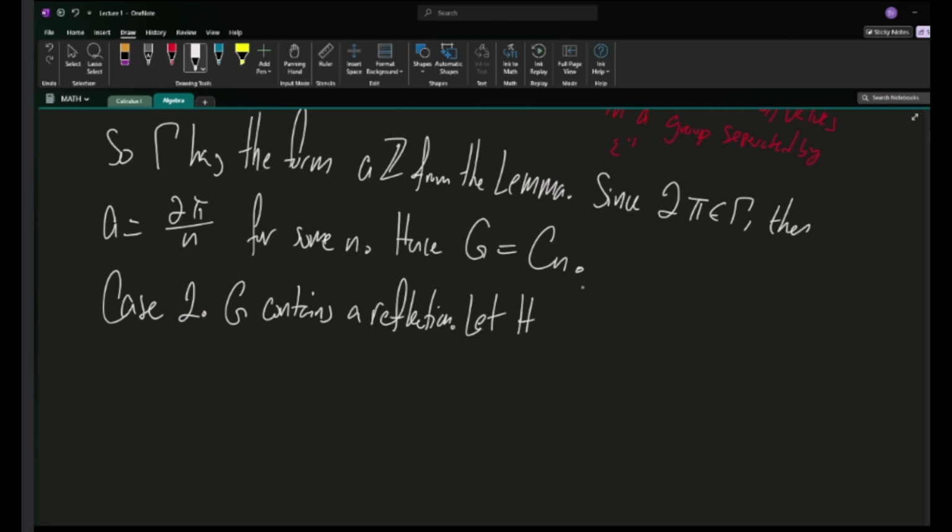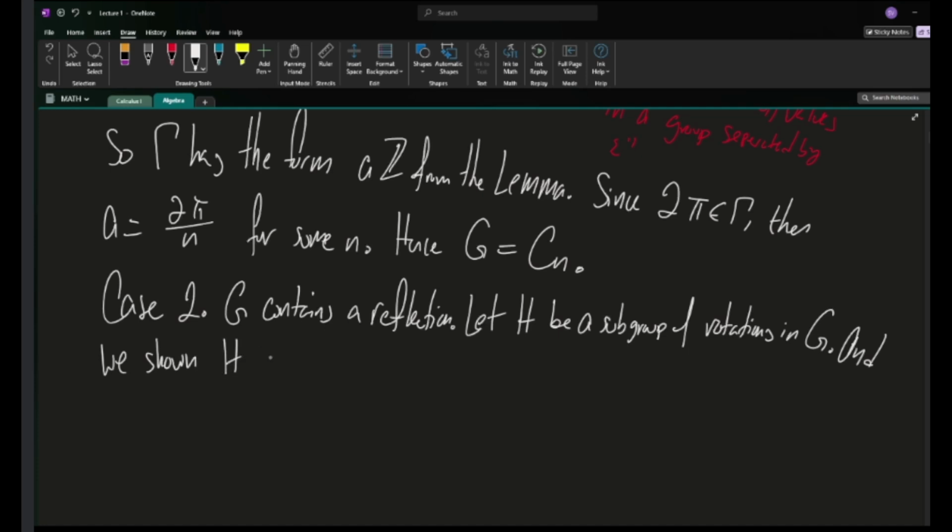Let H be a subgroup of rotations in G, and we've shown H is in fact a cyclic group generated by rho of theta.